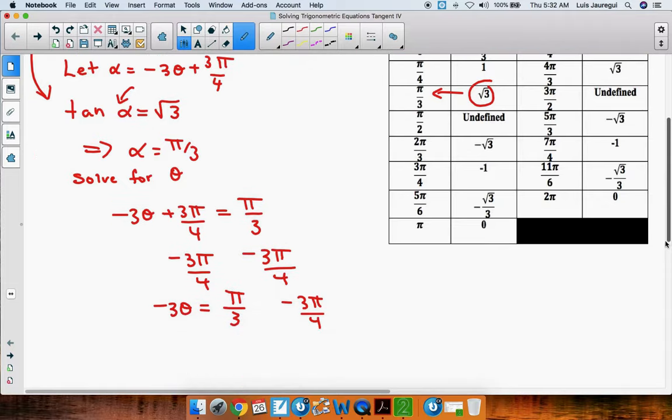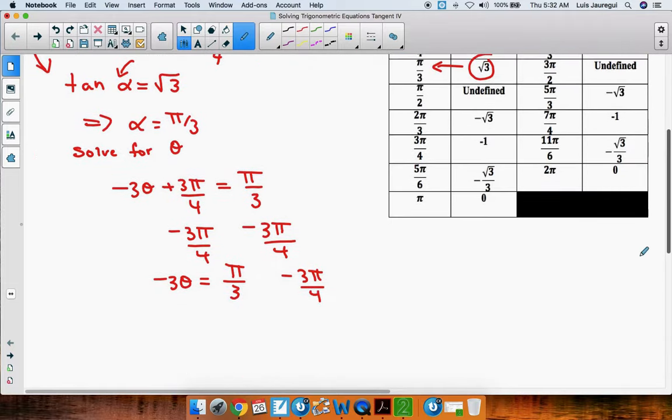Now what we need to do here is to find the common denominator, which happens to be 12. So let's multiply this one by 4 over 4 and this particular expression by 3 over 3. So that implies that negative 3 theta is equal to 4 pi over 12 minus 9 pi over 12.